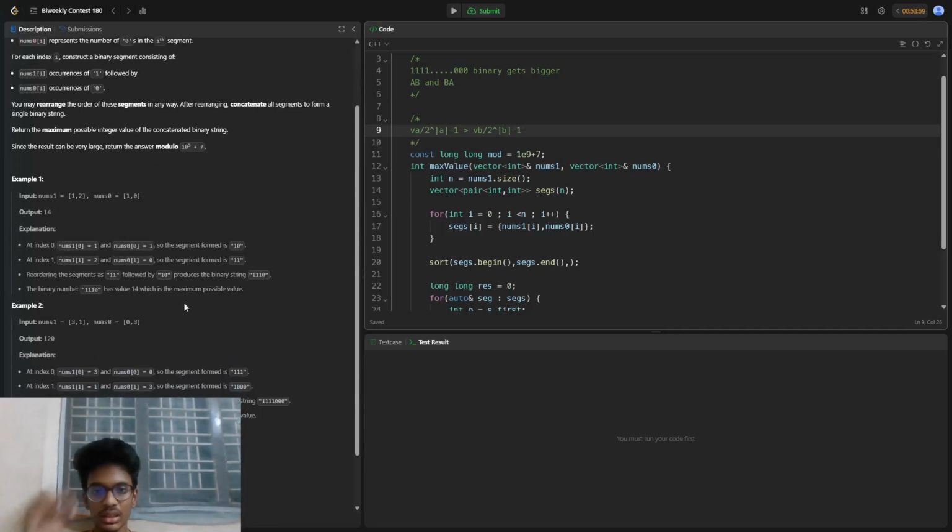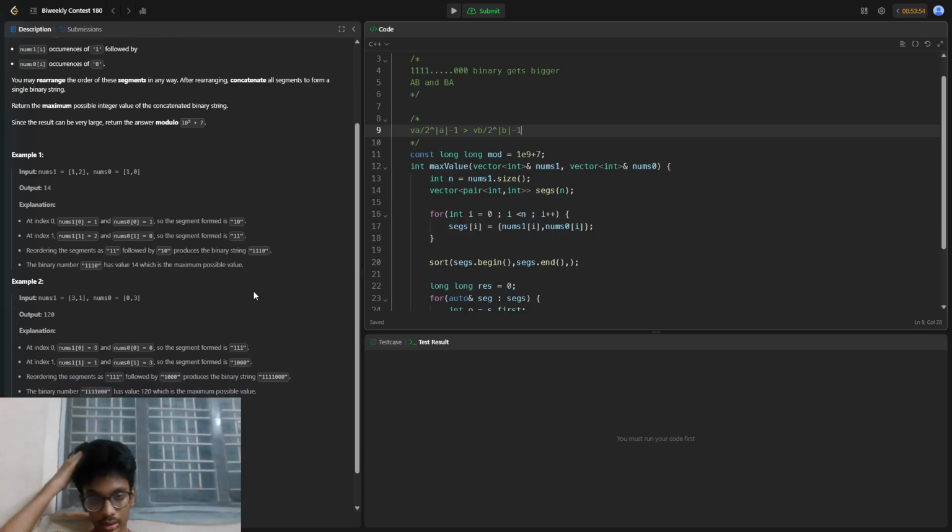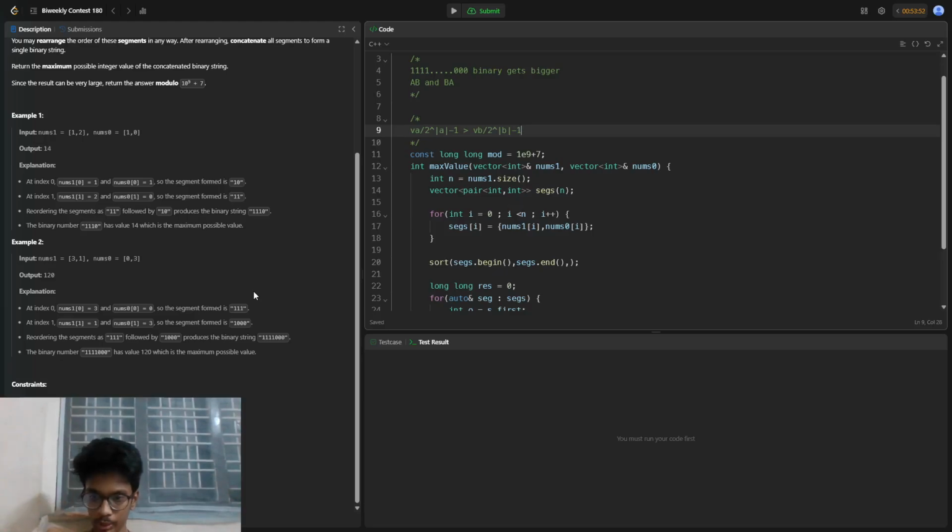Now I need to check the constraint because I need to make sure whether I should be using modular exponentiation or bitwise operators for calculating 2 powers.